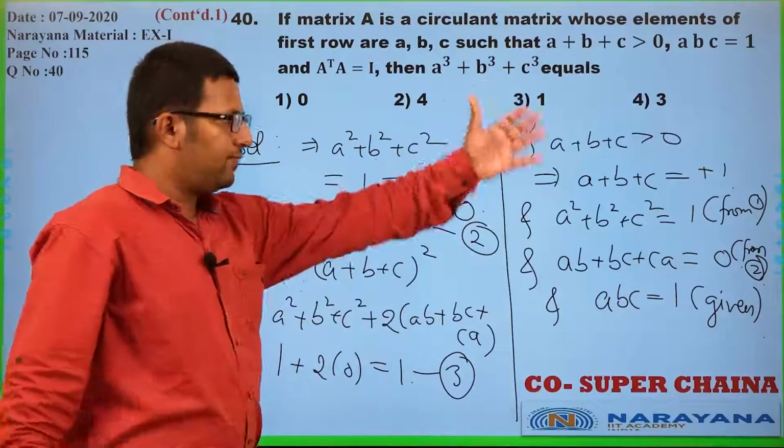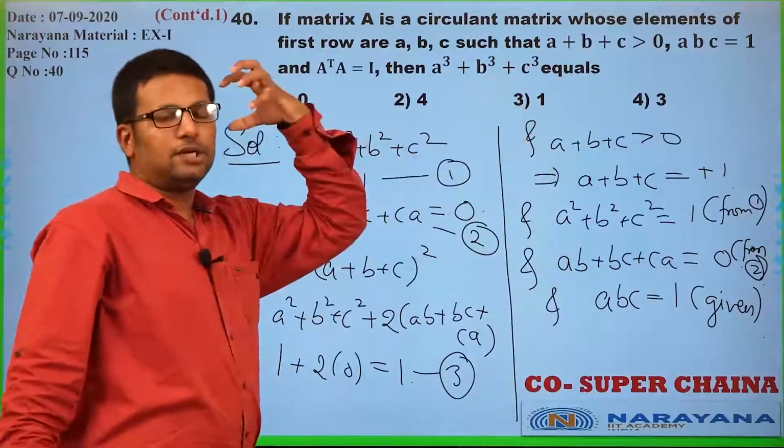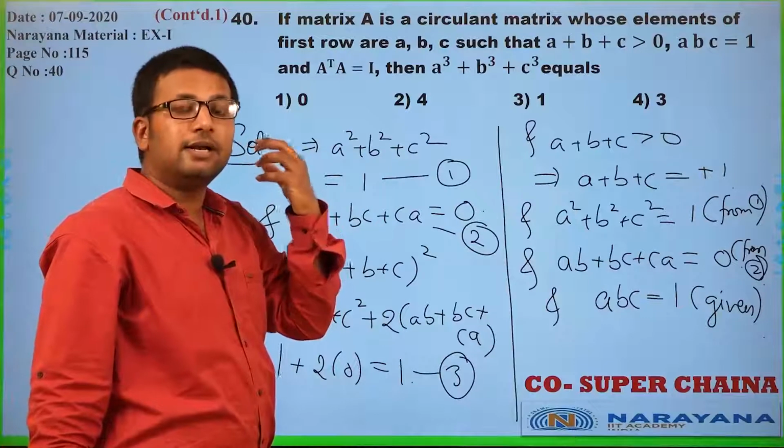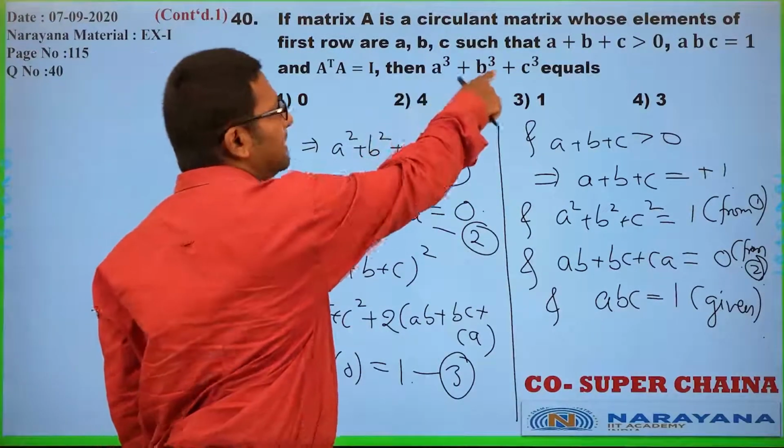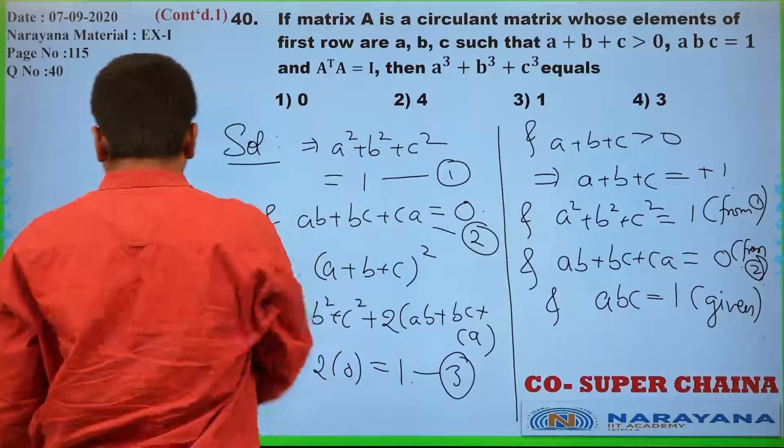So using all these, you need to recall an identity that you have studied in lower classes. There is only one identity that you have repeatedly used in lower classes.